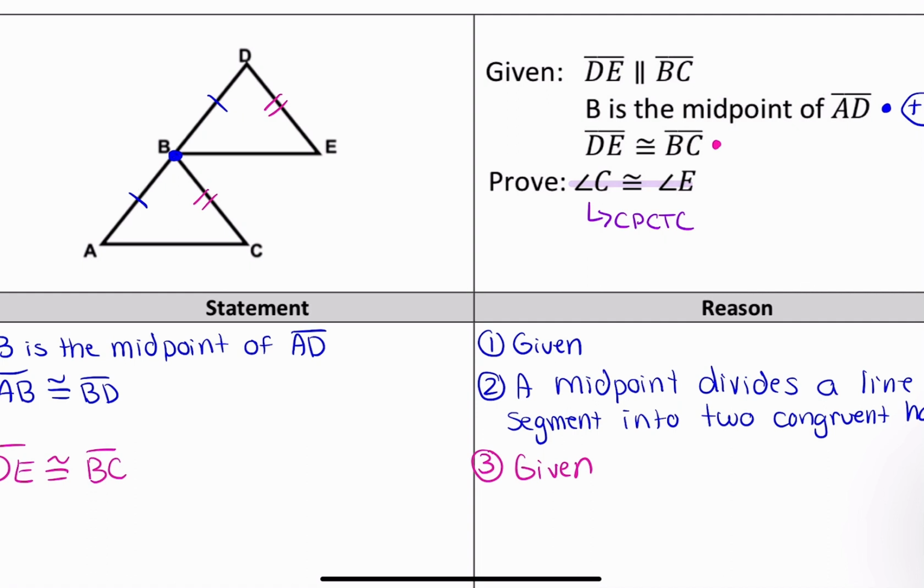And now you'll notice, right, when it talks about these parallel lines, let me just get a highlighter here. When it talks about these parallel lines, DE and BC, these are the lines. And you'll notice I usually do try to extend them because it's a little bit easier to kind of see the way things work in them. So these parallel lines, now I also want to note that this is a transversal.